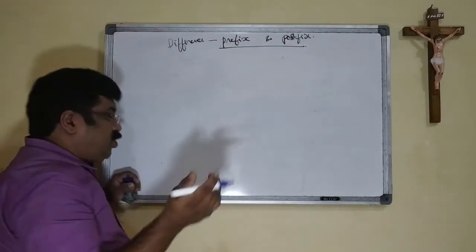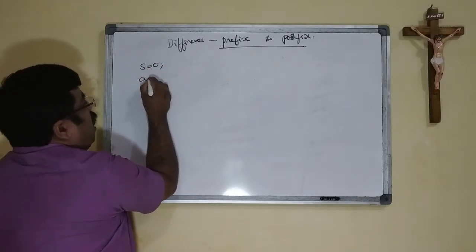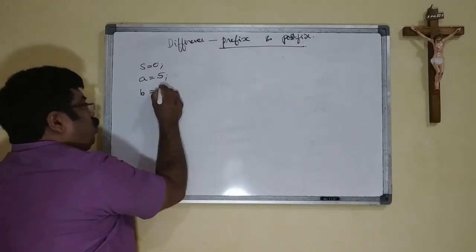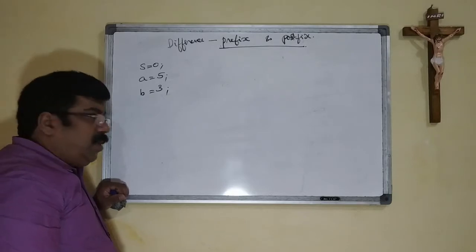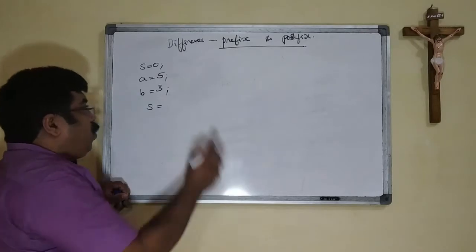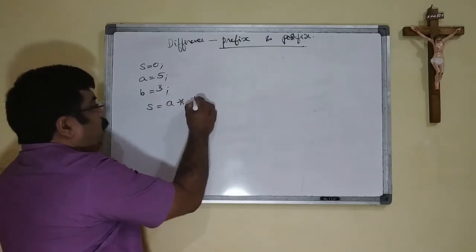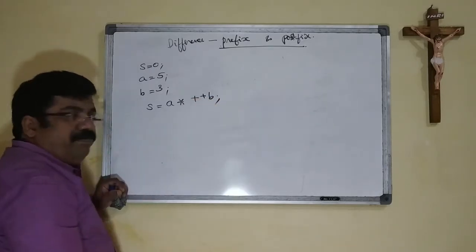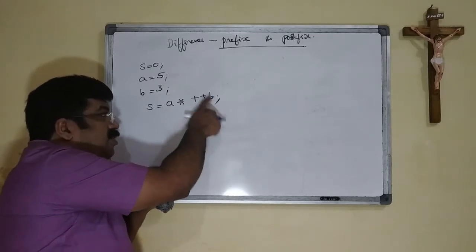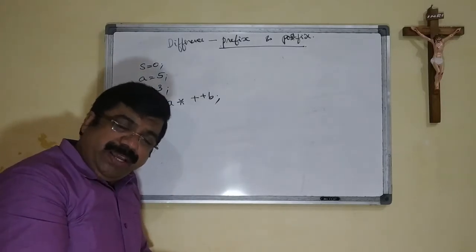Let's see one expression. S is equal to 0, A is equal to 5, B is equal to 3. Now I write the expression: S is equal to A into plus plus B. We are giving the increment operator with the second variable. Let us see how it is working.